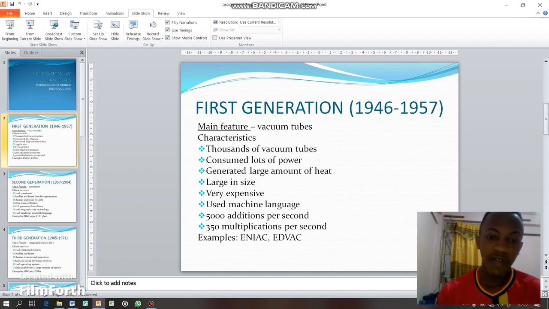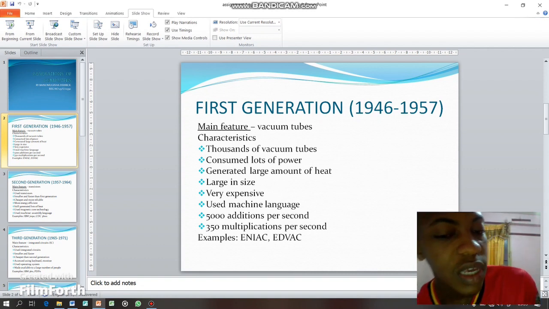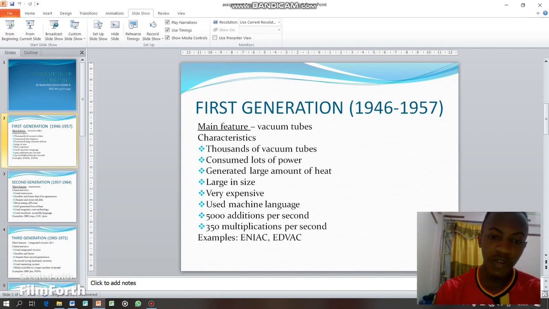They did 5,000 additions per second and 350 multiplications per second. Examples are the ENIAC, which is the Electronic Numerical Integrator and Computer, and the EDVAC, which is the Electronic Discrete Variable Automatic Computer.